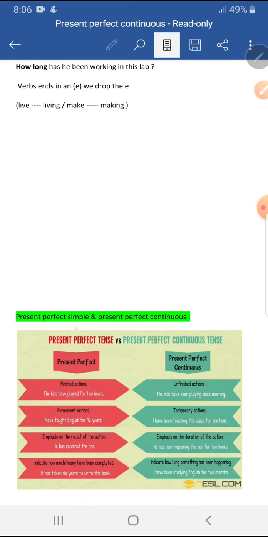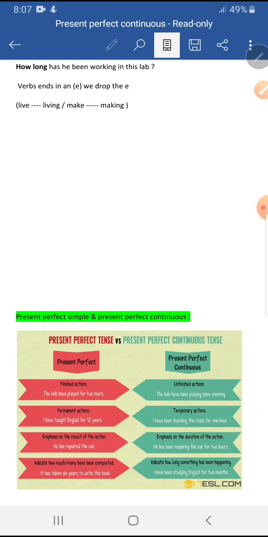Here we have the present perfect and the present perfect continuous. So the present perfect is used for finished actions, permanent actions, emphasizing the result of the action, and indicating how much or how many have been completed.